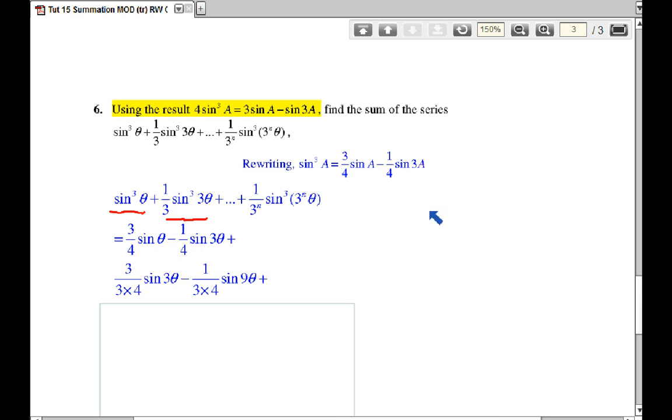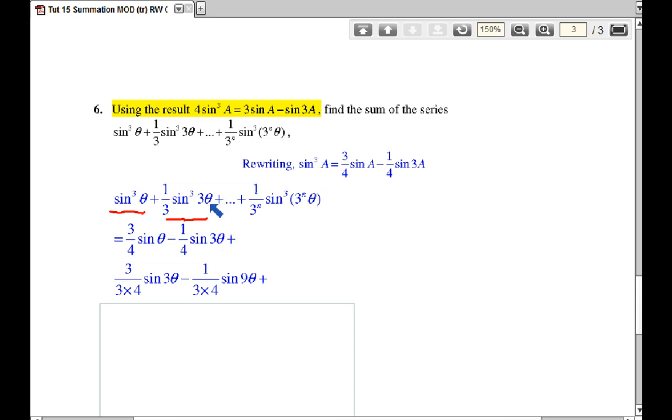Type OK if you are following. Shout for help if you need me to slow down. Good. Okay, I wait for a while, okay? I just let A be 3 theta.